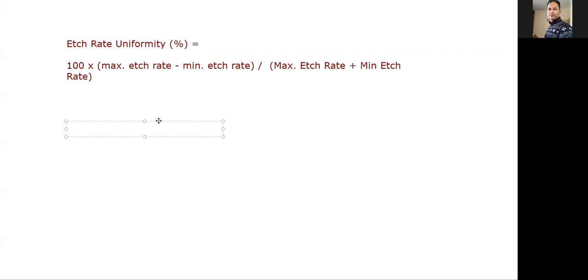Now this etching rate is not only dependent on the concentration of the etchant and the temperature of the etchant, but it is also dependent on the orientation of the crystal.